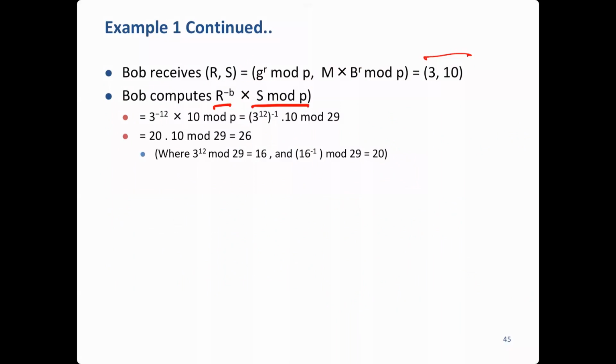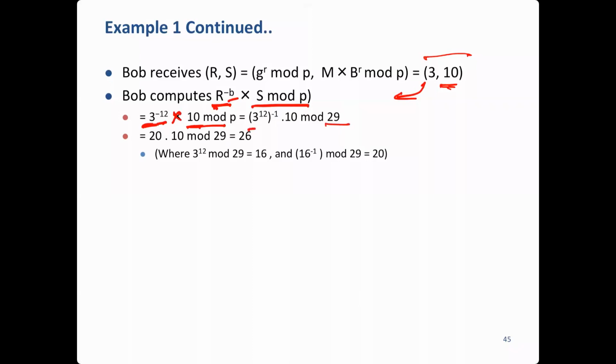So what is the value of R? R is Alice's public key. So he uses the public key which he has received, which is 3. B is Bob's private key, so 3 raised to the power minus 12, times S. S is 10, and mod P, where P is 29.